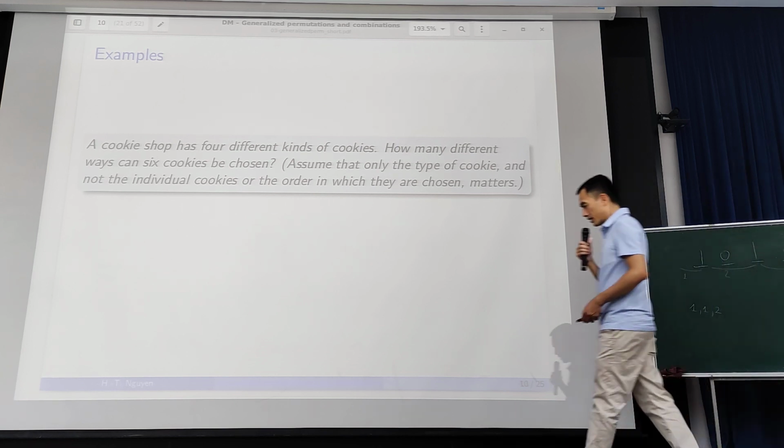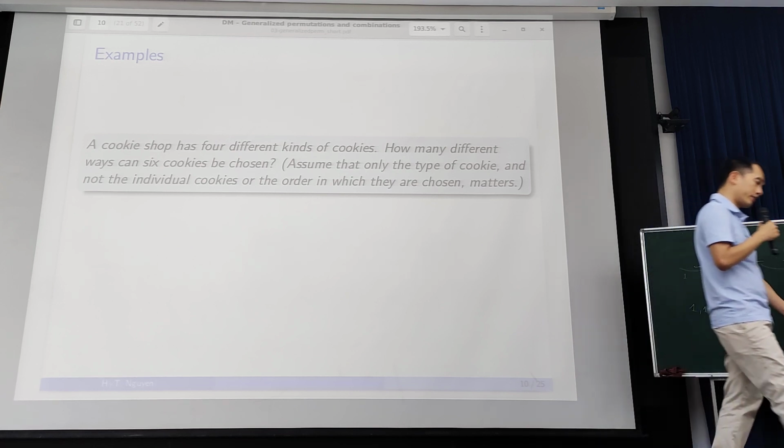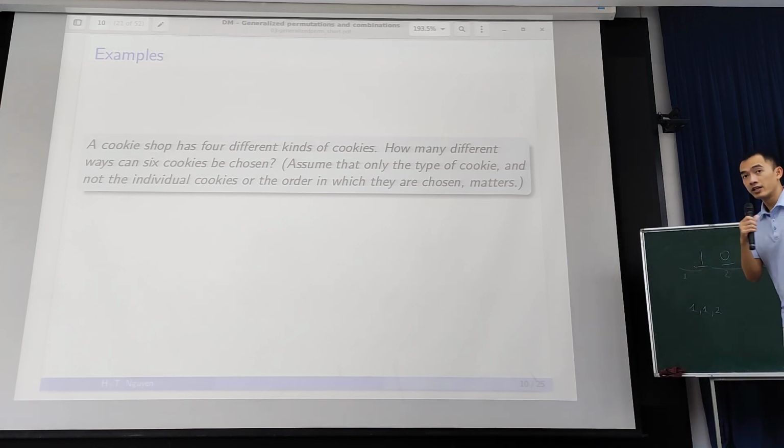Okay, so now let us consider some example where you can apply that formula. You can see that without the previous formula, problems like this one will appear difficult. But now that we know the formula, you can apply it directly to find the result.